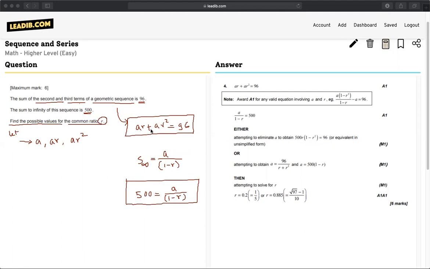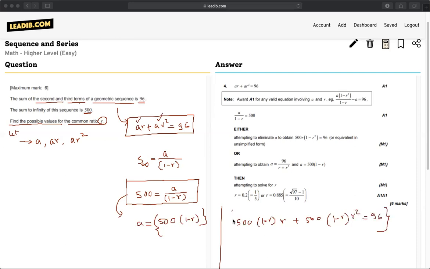So we can eliminate A. And to eliminate A, we just have to substitute the value of A. So let us write A is equal to 500 times 1 minus R. And if we substitute this value in this equation, we can simplify and get the value of R. So this equation will be 500 times 1 minus R, that is A replaced, times R, plus once again A, 500 times 1 minus R, times R square, equals 96, right?